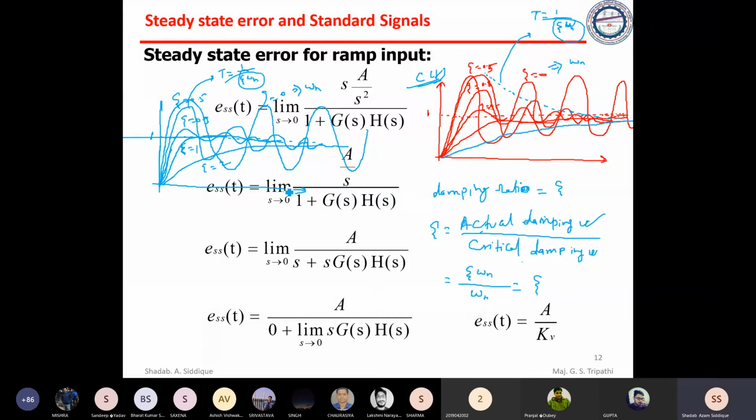If you have curiosity, or if you want to have better understanding, you just take that equation, C of t is equal to 1 minus e to the minus zeta omega n t divided by square root of 1 minus zeta square, sine of omega d t, where omega d is omega n square root of 1 minus zeta square, into t plus tan inverse of square root of 1 minus zeta square divided by zeta.